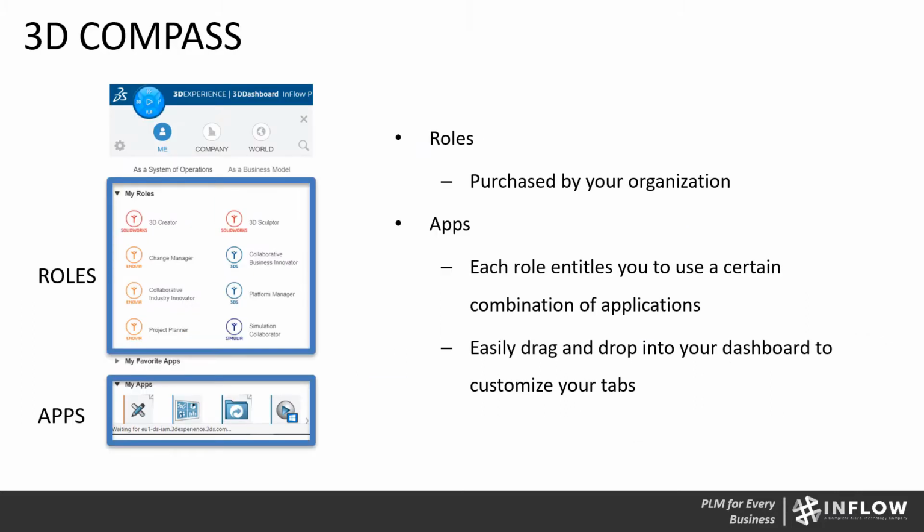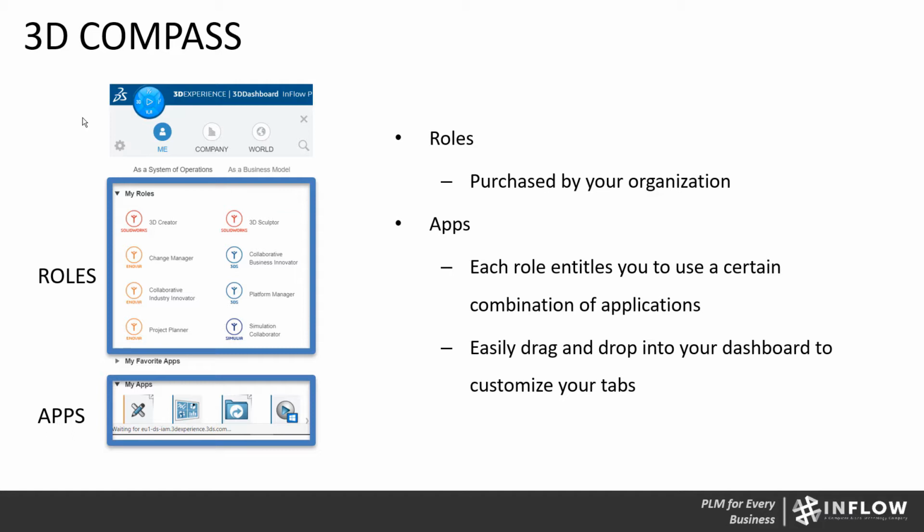Now, getting a little more into the weeds, we're going to talk about the 3D compass, what it is and what it does. The 3D compass sits in the top left-hand corner of 3D Experience. Once you click on it, you're going to see this screen. Your roles are basically what you paid for. What did your company purchase?